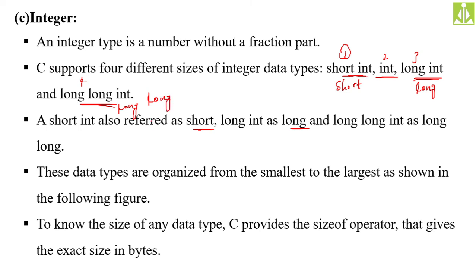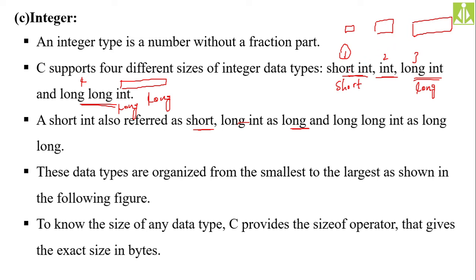Why do we have these different types? Based on their size. When you take short int, you get less memory to store. When you get int, you get more memory. Long means some more memory, and long long means still more memory. Based on their size to store, we have this categorization.